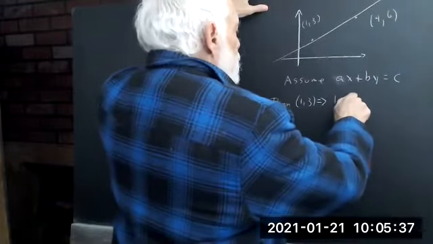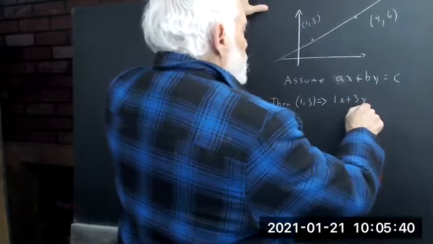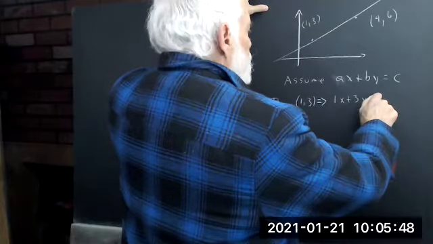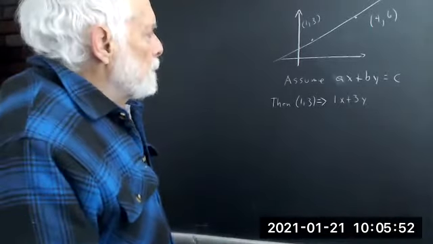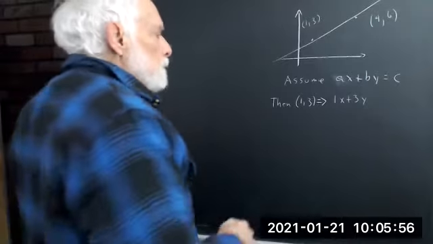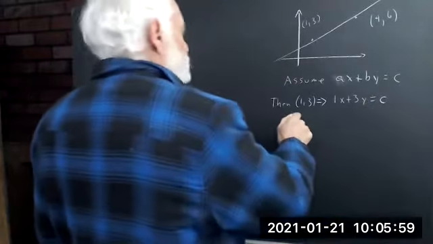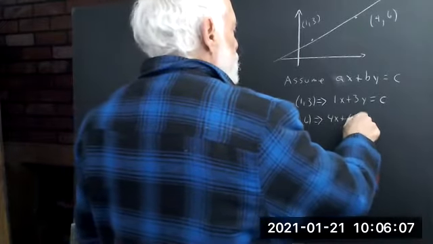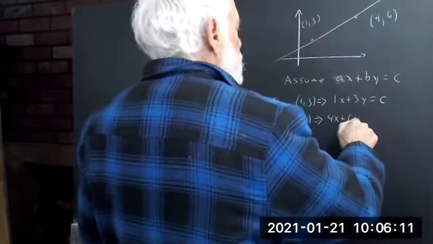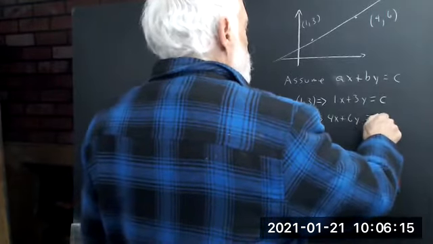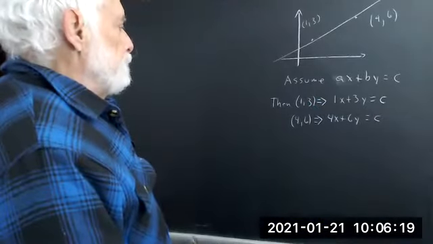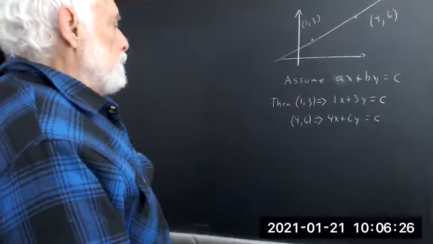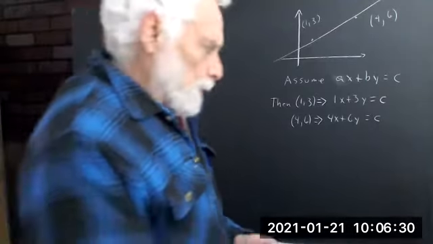So we have 1x plus 3y equals c. And we have this. And that's not the way I want to formulate it. I'm sorry.